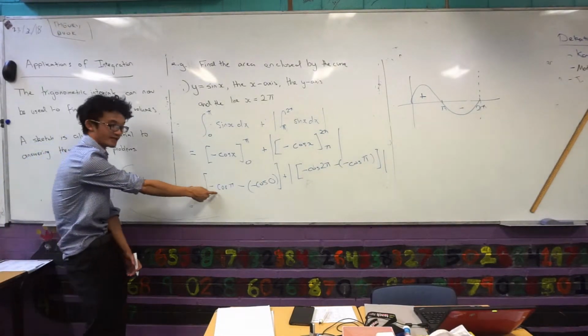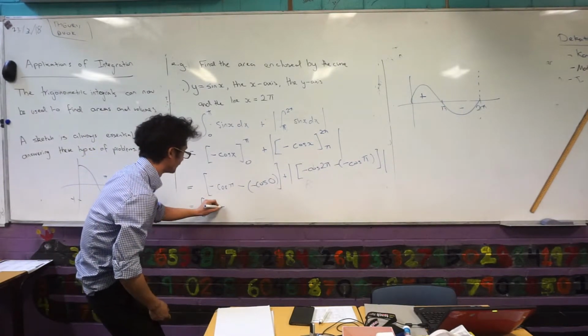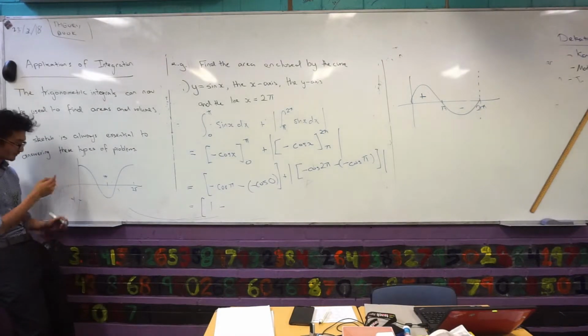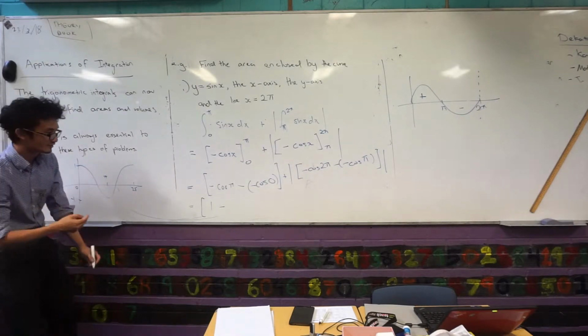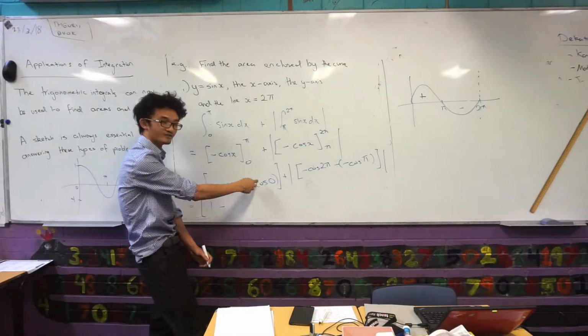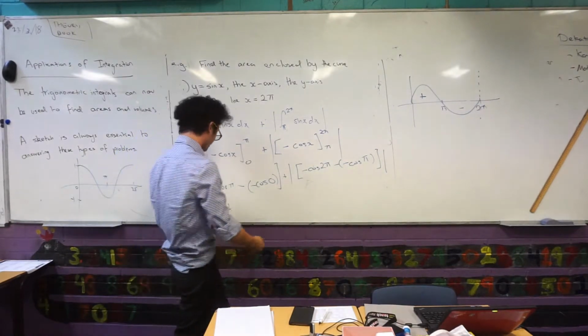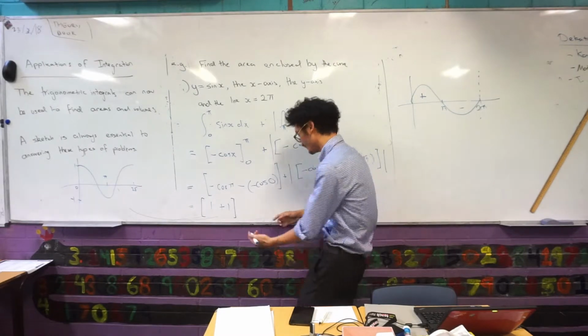But here you've got negative of that, which is, well, that's just going to be 1 minus, what's cos of 0? 1. Yeah, right. When your x value is 0, your y value is just 1. So here I've got 1 minus 1, which is just 1 plus 1. Right. 2.